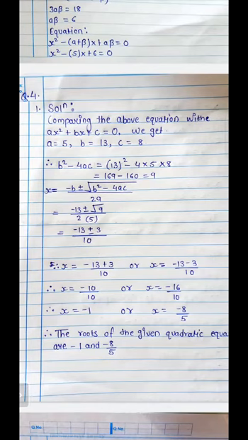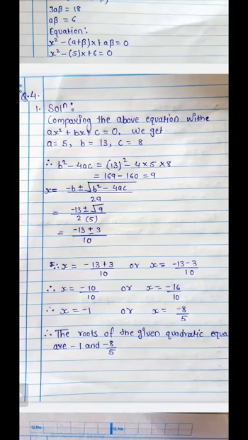First we will compare this equation with ax square plus bx plus c is equal to 0. From this, we can say that a is equal to 5, b is equal to 13, c is equal to 8. Now, as we know the formula, we will find the value of b square minus 4ac first, then we will use this in the formula method.